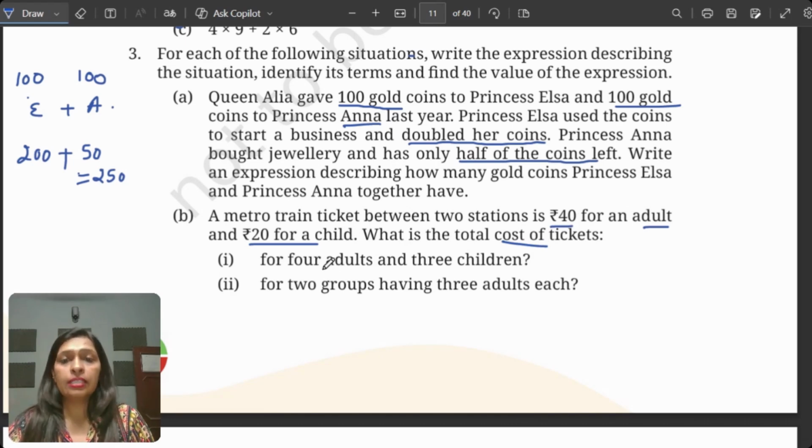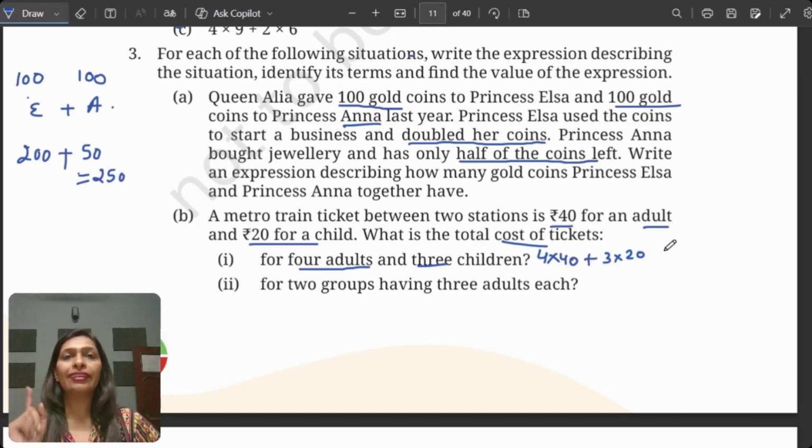For four adults, if there are a total of four adults, and three children, so one adult has to give how much? 40 rupees. So if there are four adults, how much are they going to give? That is 4 multiplied by 40, plus one child has to give 20 rupees per ticket. So there are how many children? Three children. So this is 3 into 20. Okay, so what is the total cost?